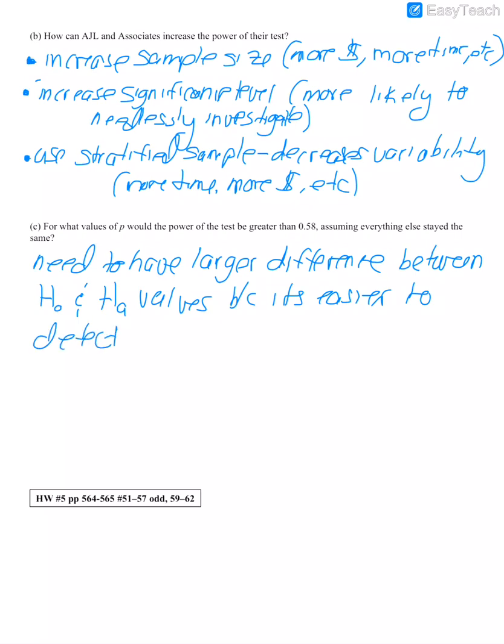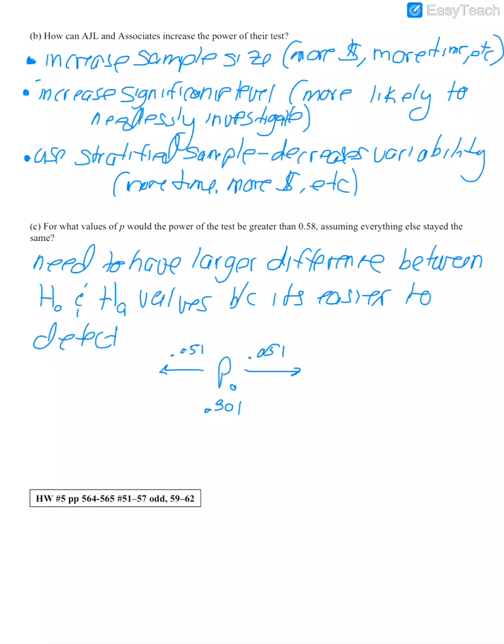Okay. So for example, our null was 0.301, and so we want to have a distance that's greater than our alpha. So our alpha was 0.05. So let's say we go up by 0.051 and we go below by 0.051.